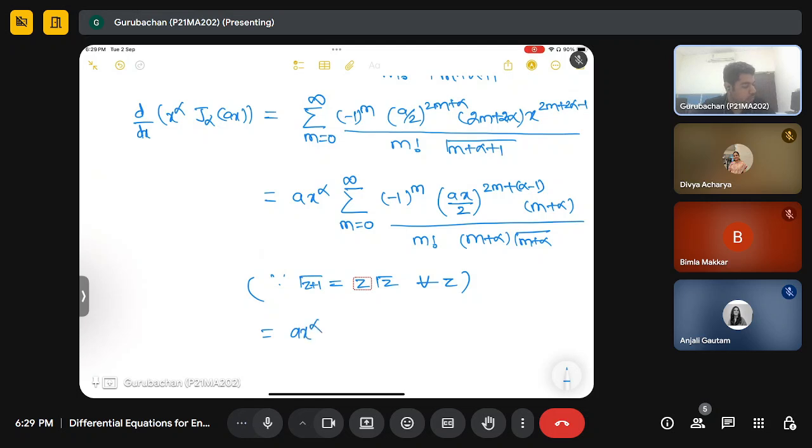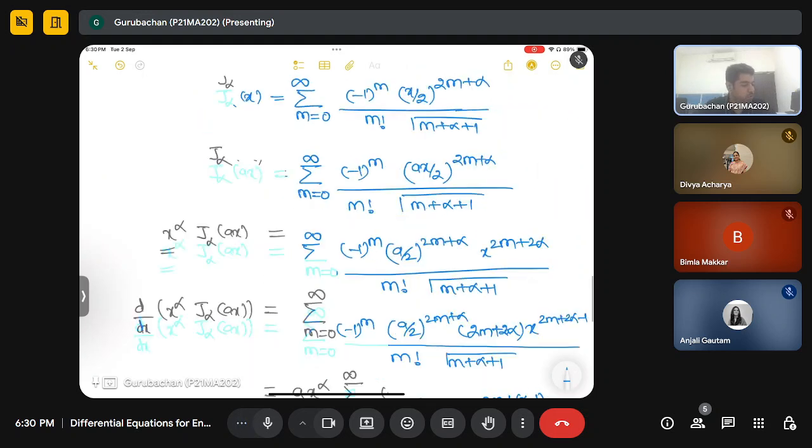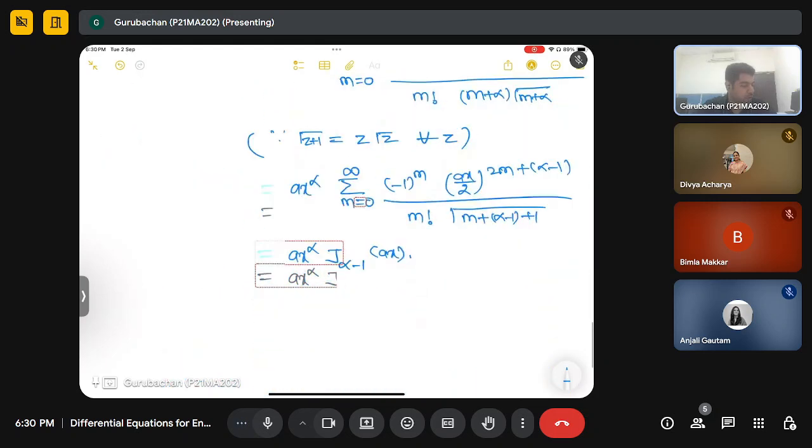So a x to the power alpha, the sum m from 0 to infinity, minus 1 to the power m, ax by 2 to the power 2m plus alpha minus 1, divided by m factorial gamma of m plus alpha minus 1 plus 1. So clearly this expression looks like a J alpha minus 1 of ax. So this we wanted to prove, and we have proven.